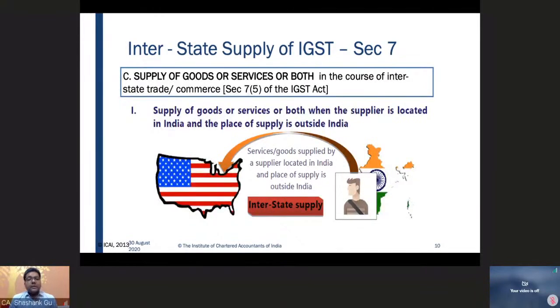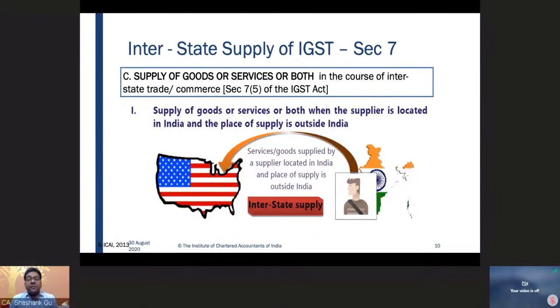That is, supply of goods or services or both when the supplier is located in India and the place of supply is outside India. Basically, we are looking at an export transaction where goods or services are supplied, and the supplier is located in India, whereas the place of supply is outside India. This again will be treated as an interstate supply.